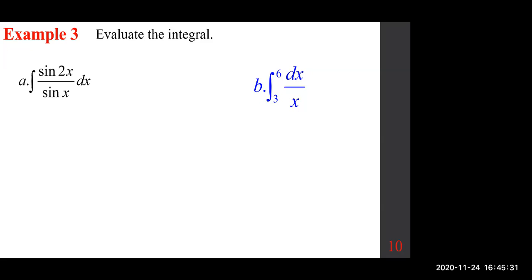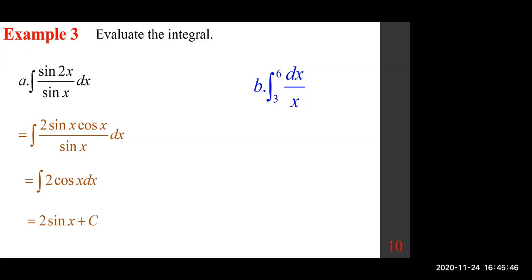You probably remember sine 2x is 2 sine x cosine x. So the cosine drops. The derivative of cosine is negative sine, but the integral is positive sine. So 2 sine x plus a constant.